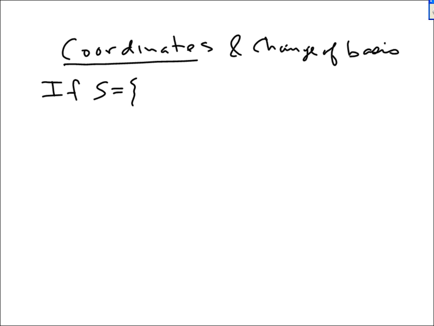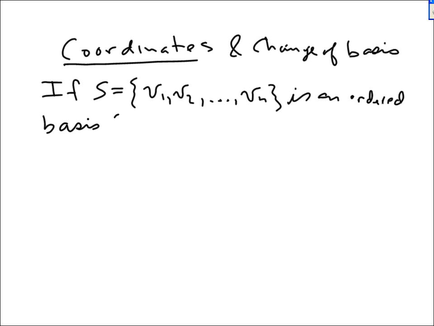If S equals V1, V2, etc., down to V sub n, is an ordered basis for the n-dimensional vector space V, then, and before I say the then, the word ordered means that it matters that V1 is first and V2 is second and V sub n is last.